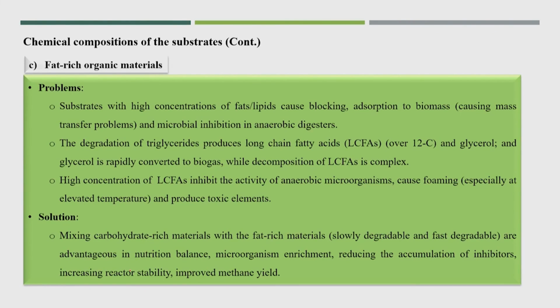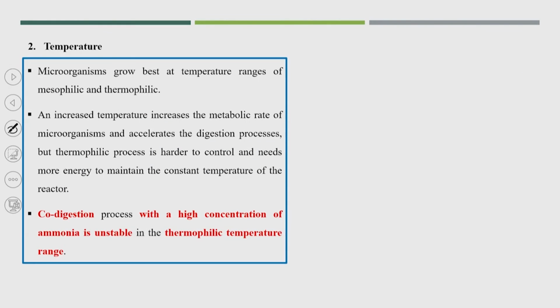So, see here, carbohydrate rich material with a fat rich material, meaning slowly degradable to fast degradable, are advantageous in nutrient balance, and that will improve the methane yield in the biogas reactor.